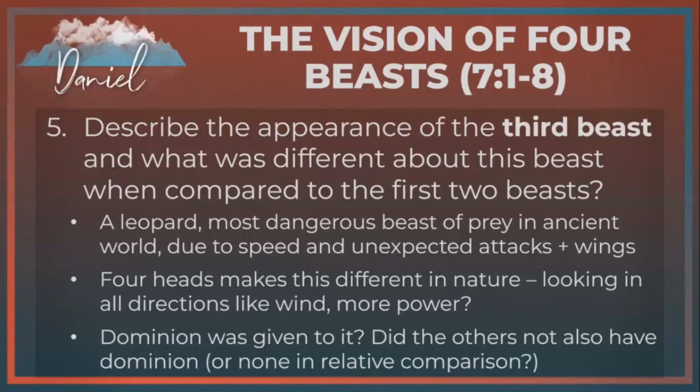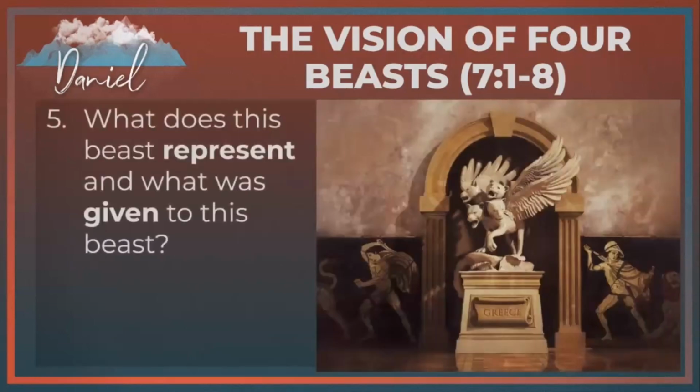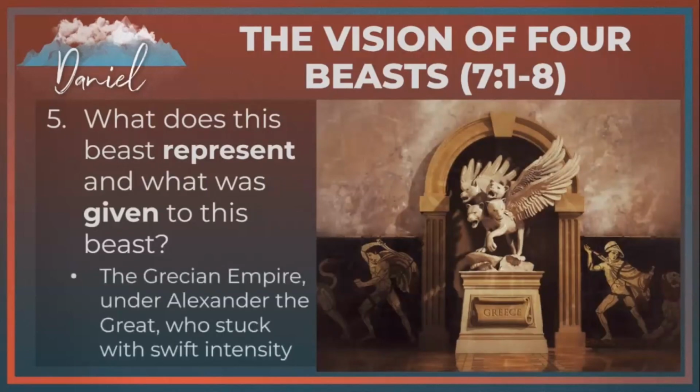And we're going to see this kingdom that probably represents what empire? The Greeks, right? Yes, especially under the leadership of Alexander. So we're going to get more and more images stacked on top of this as we get into chapter 8.